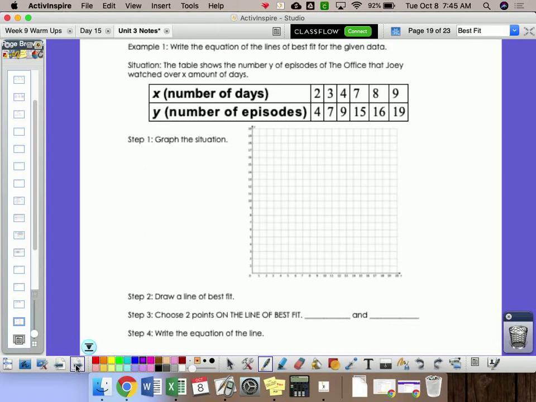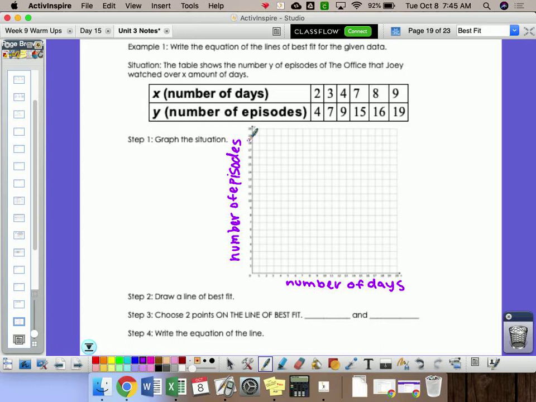So I'm going to first start off by graphing this. My number of days are going to go on my x-axis, and my number of episodes are going to go on my y-axis.